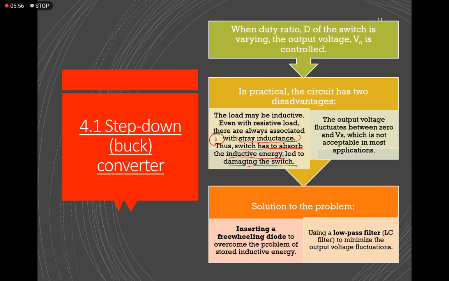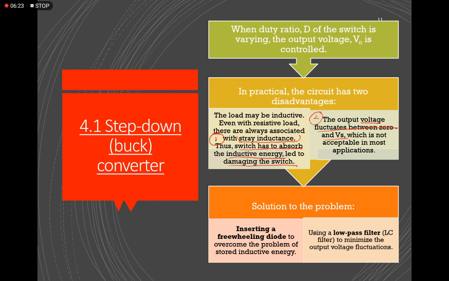The second problem is that over here, your output voltage will fluctuate from 0 to Vs. Later I will show the waveform, how the voltage will fluctuate from 0 to the value of your input voltage.